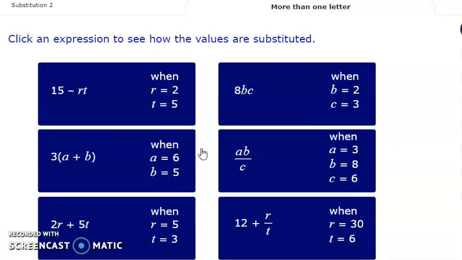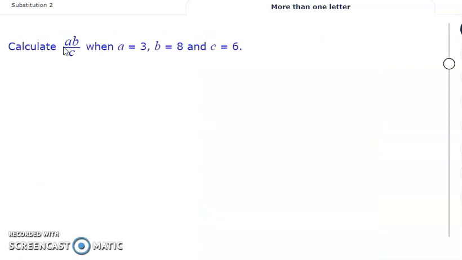Let us take for example this one, AB over C. A is 3, B is 8 and C is 6. Calculate AB over C when A is 3, B is 8 and C is 6.